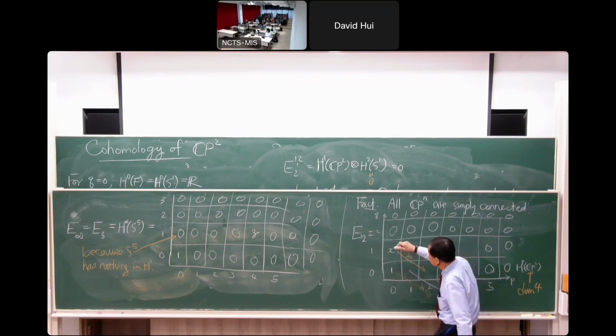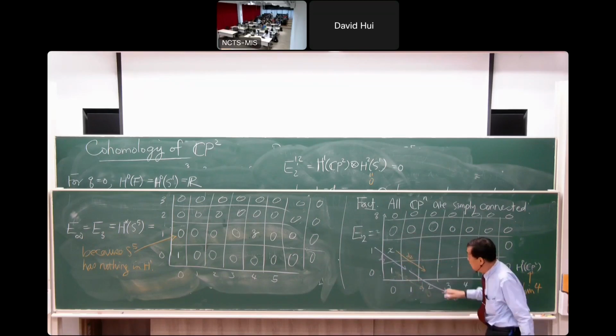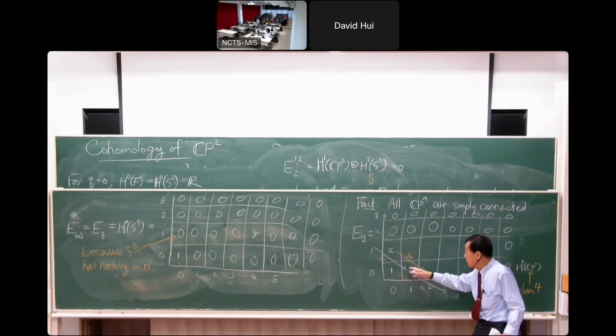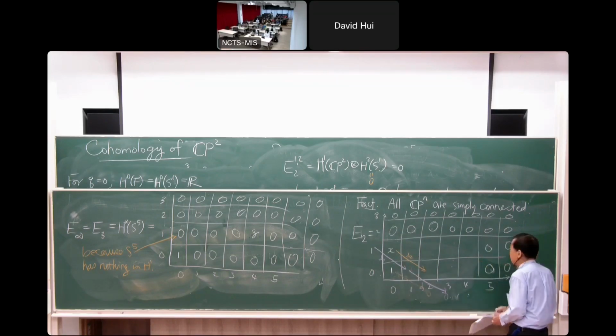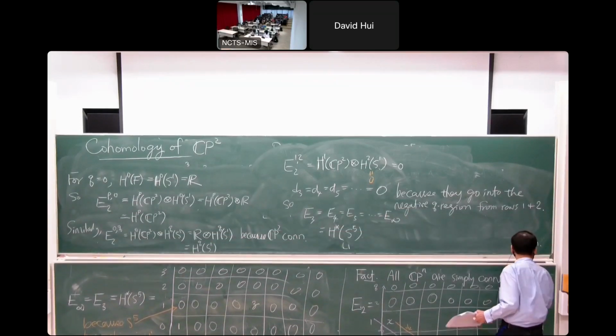And then there's a D2 that goes in here. Let's see, it will be coming from here. So the D2 that comes in and out of this box are both 0. Okay, so let's write that down.